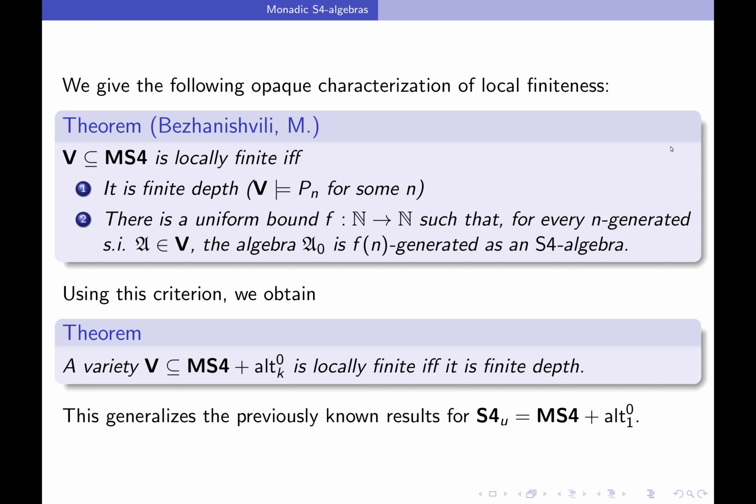So for this family of varieties, the S4 result does generalize exactly. And one notable member here is alt k1: if you impose the identity alt k1, then that's exactly the variety known as S4U. This is the logic of S4 with a universal modality, but that happens to be a special case of this.